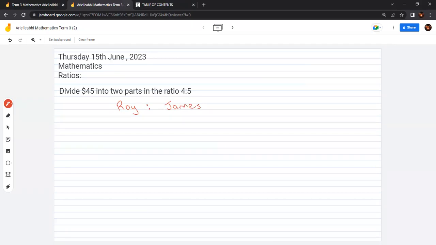And they're telling us that of those smaller equal parts, Roy will receive 4 and James will receive 5 parts.